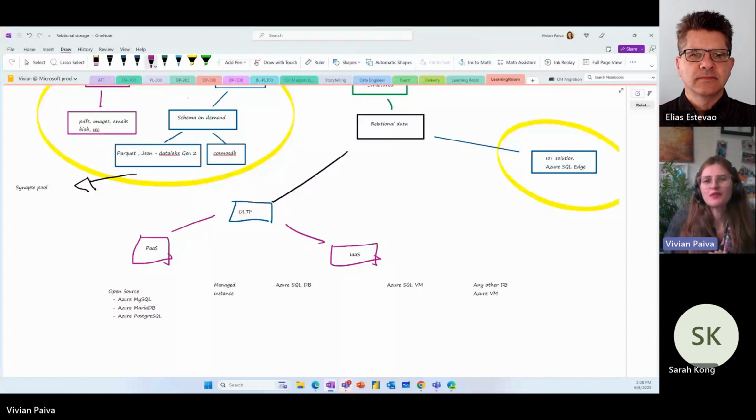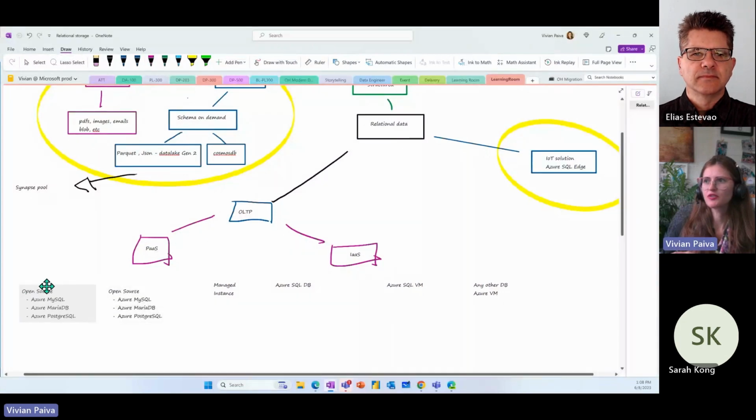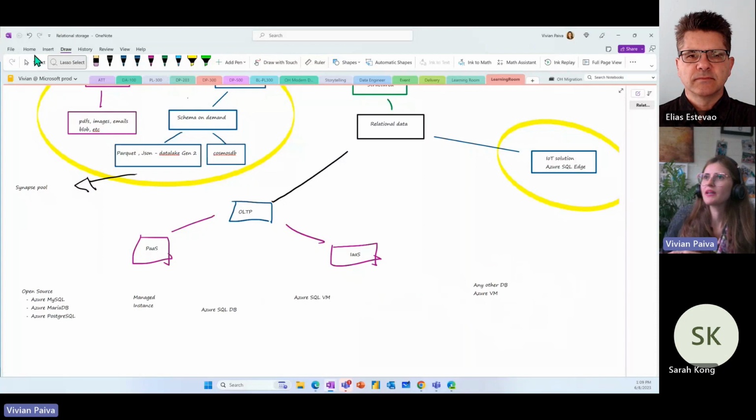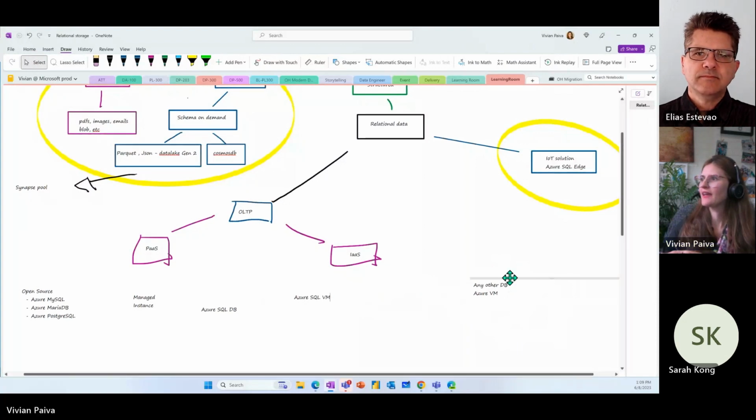So if we want to minimize the overhead of maintenance, PaaS is a better solution. Okay, so I'm going just to place this here so we can expand the options that we have. I'm going to start with the easy one. The easy one is the IaaS.